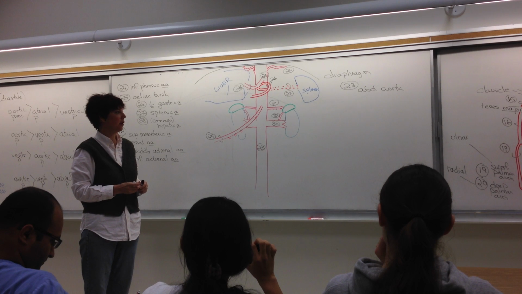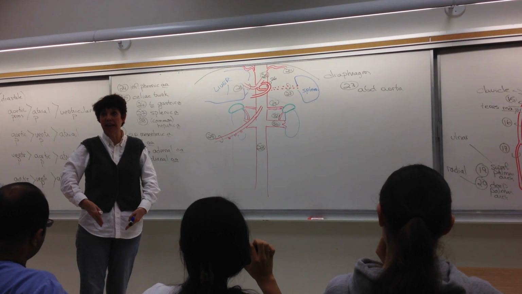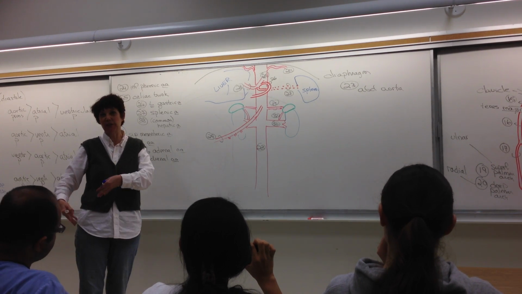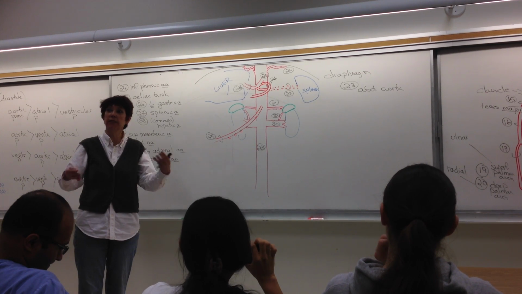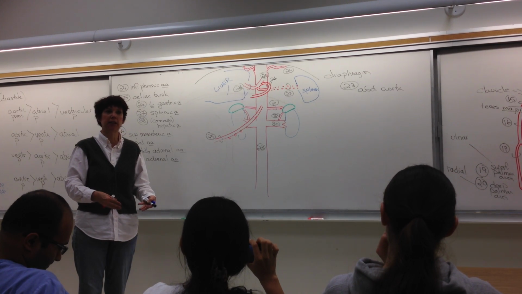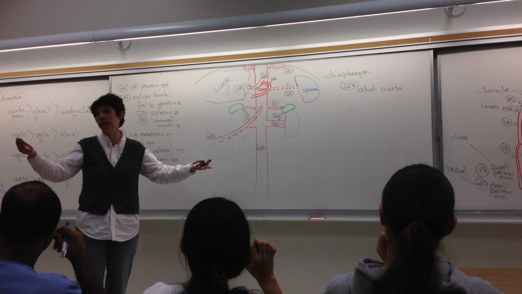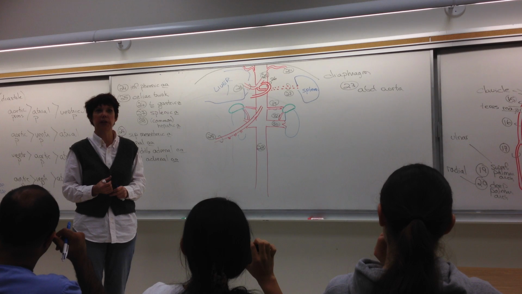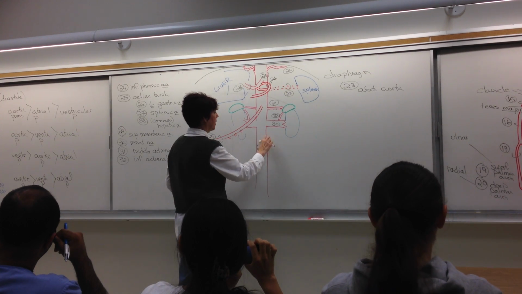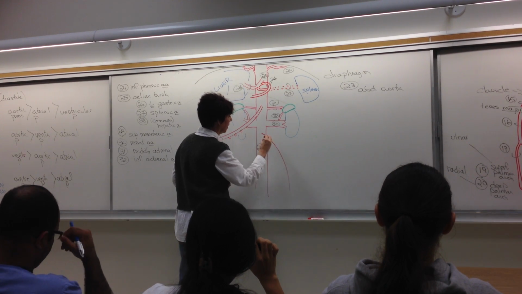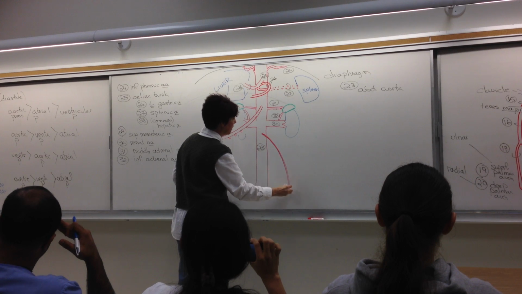The next vessels are also paired because they're going to the gonads. If they're going to the ovaries, we call them ovarian. If they're going to the testes, we call them testicular. And if we don't know, because it's a whiteboard and I haven't put any anatomical structures to let you know, we just call them gonadal. So if they're male, they're going to go down into the scrotal sac.